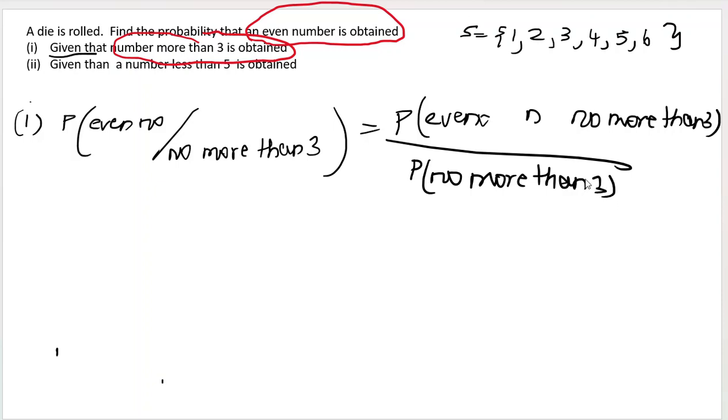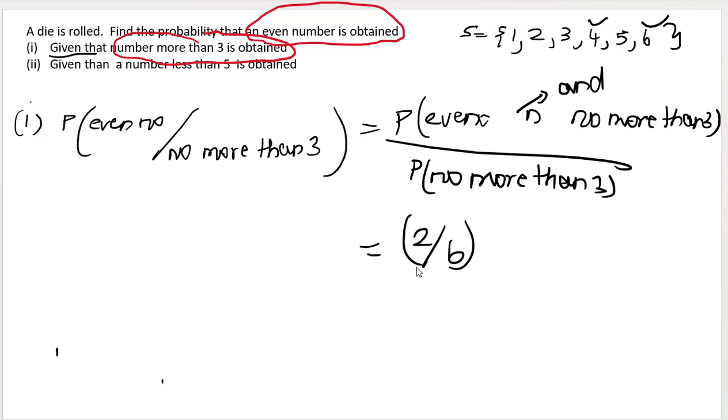Now although it is intersection, this is read as and. When we are interested in the probability of an even number and a number more than 3, we are interested in a number which satisfies both properties. That is, it is an even number and at the same time it is a number more than 3. So 4 obeys the property and 6 obeys the property. So this is 2 out of 6.